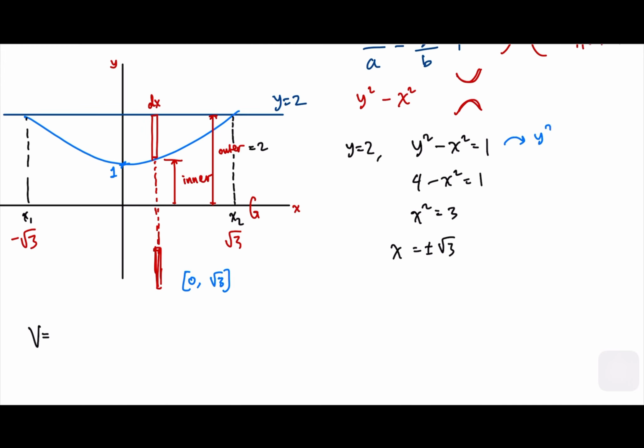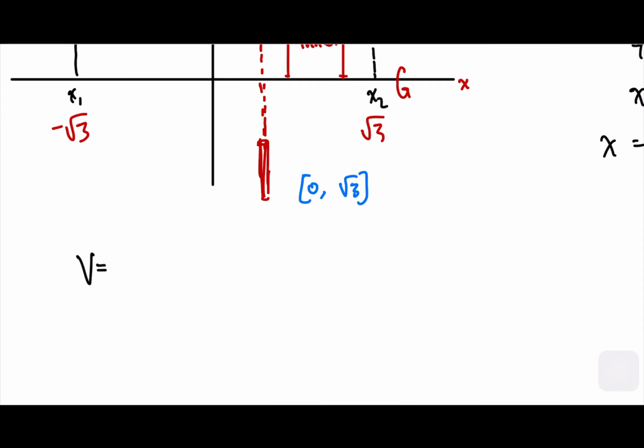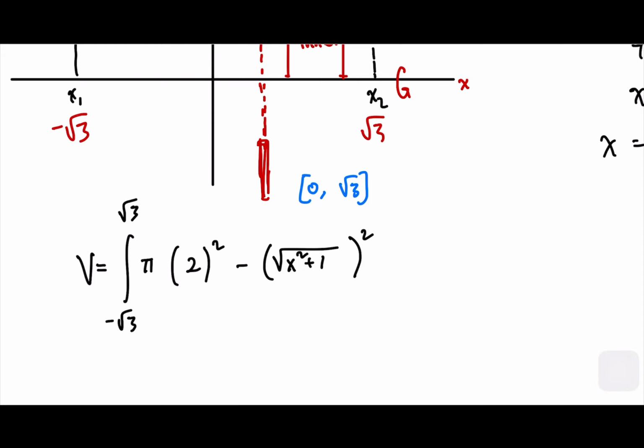So y squared is x squared plus 1, so y is the square root of x squared plus 1. We took the positive one because it's on the positive side. So we can write, let me just write from negative square root of 3 so that you can see how it works. This is 2 squared minus the square root of x squared plus 1, and then squared.